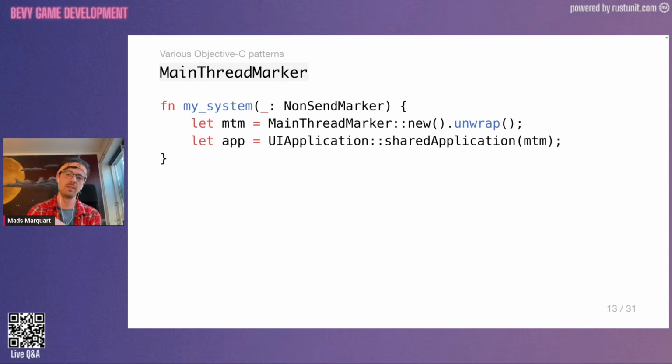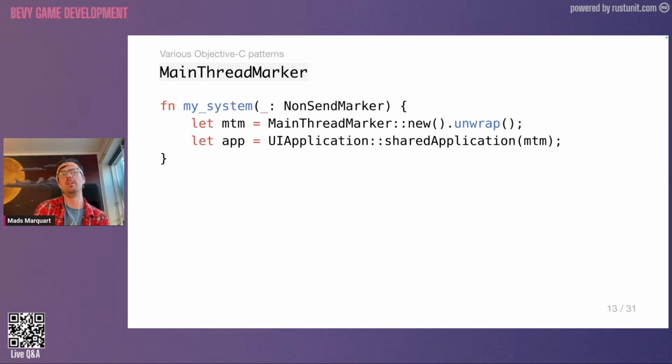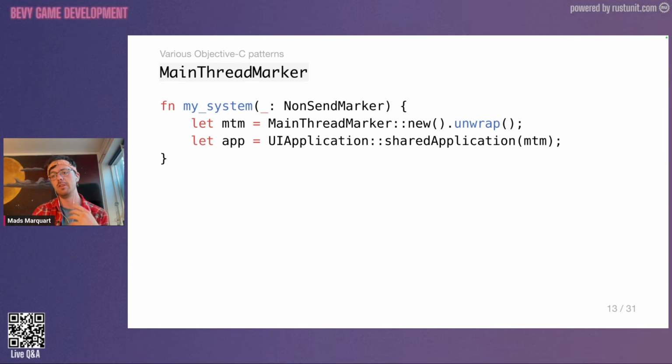It's not safe to access them from any thread. It must be single threaded. So in Bevy, we would use this NonSend marker system parameter to tell the scheduler that we need to run this system on the main thread. We're doing this in the example.